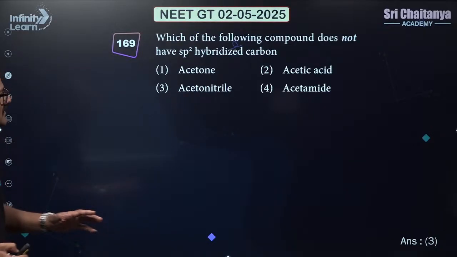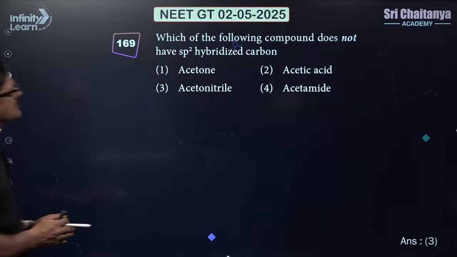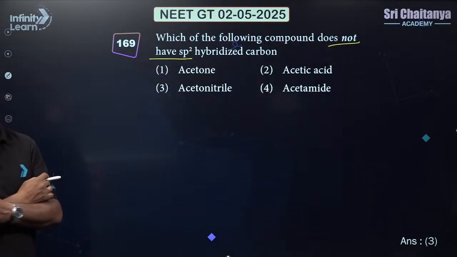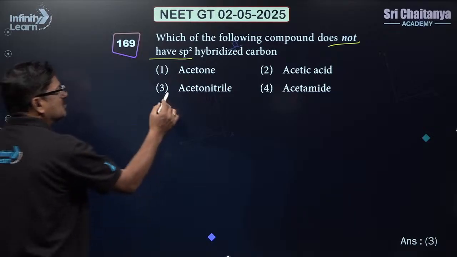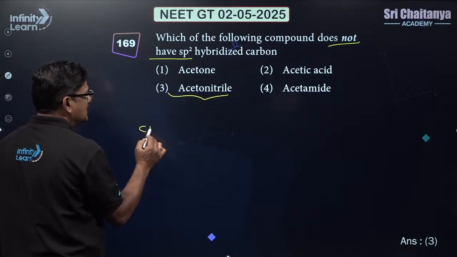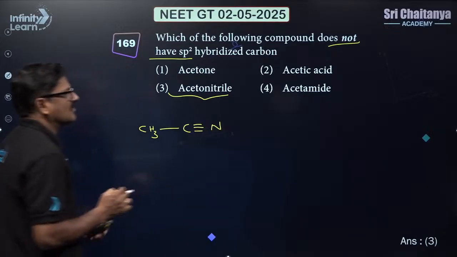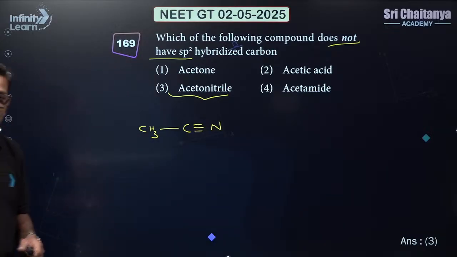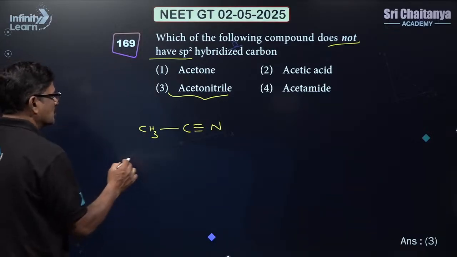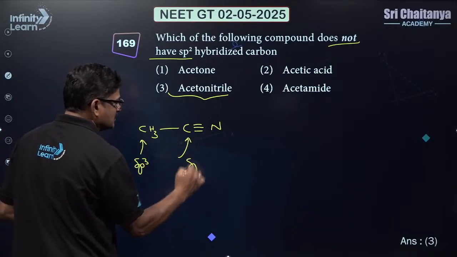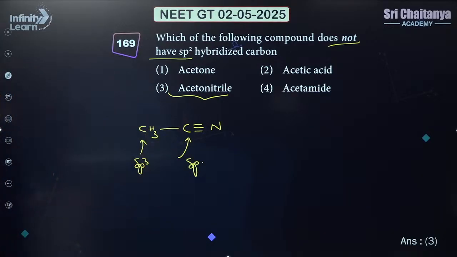And which of the following compounds does not have sp2 hybridized carbon? Simple, acetonitrile, CH3 C triple bond N. This is called acetonitrile or ethane nitrile. So this carbon atom is sp3 hybridized, this carbon atom is sp hybridized. Understand?